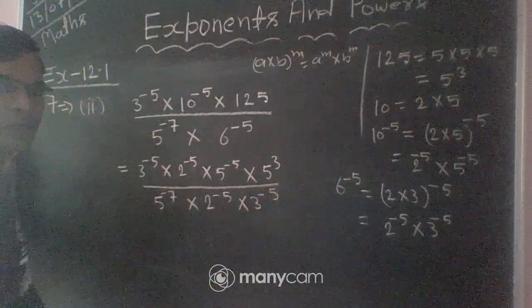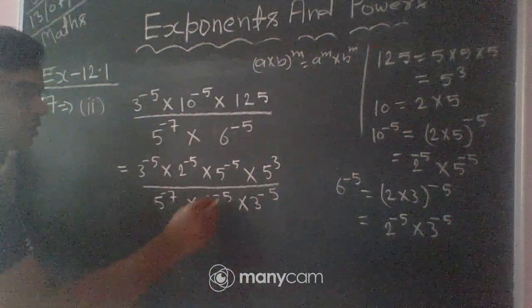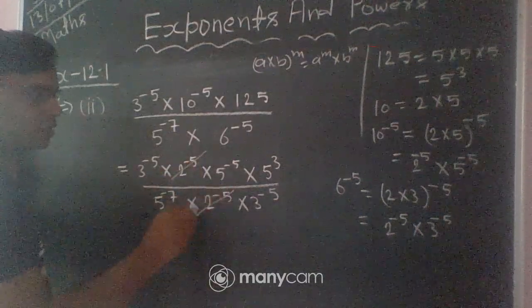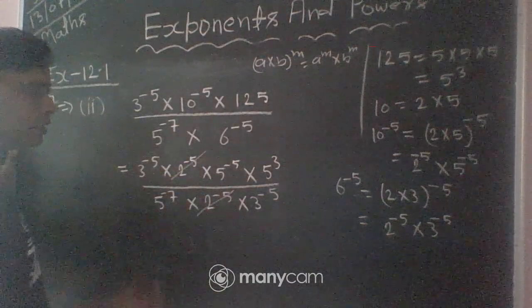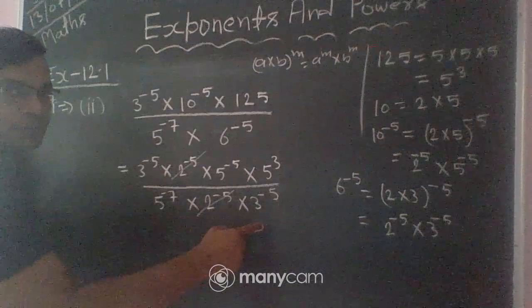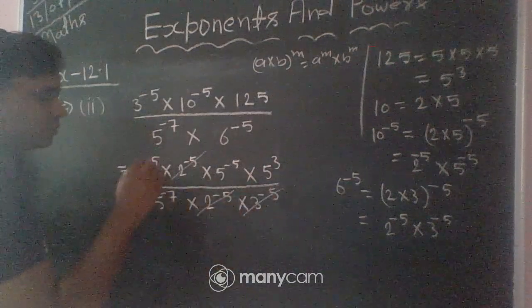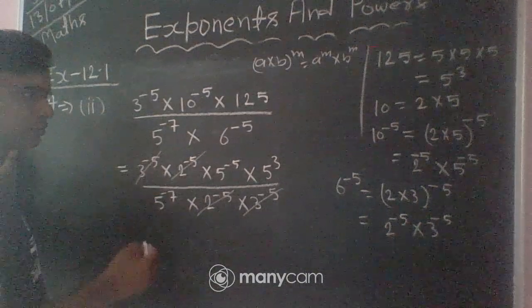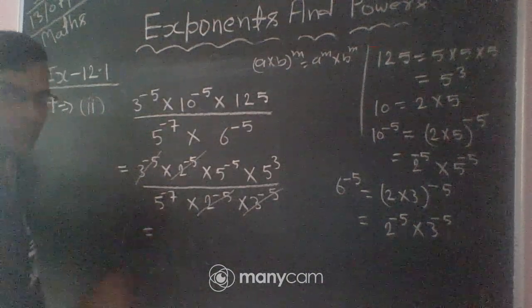Clear? So you can see here 2 power minus 5, 2 power minus 5, both are cancelled. Clear? And 3 power minus 5, 3 power minus 5, this is also cancelled. Okay? Now, what is the remaining part?